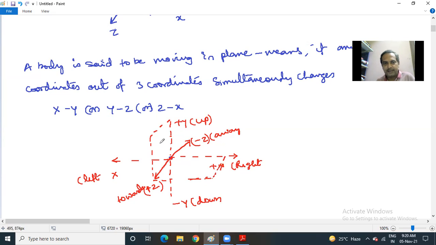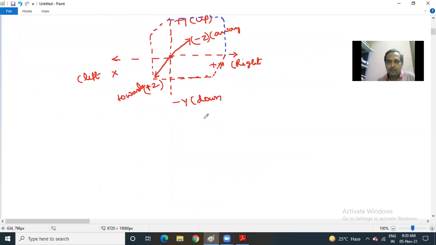There is also the possibility of the positive xy plane, like this. So the body can move in these ways. Therefore, direction plays an important role when you talk about this particular topic. So we slowly move to the classification.